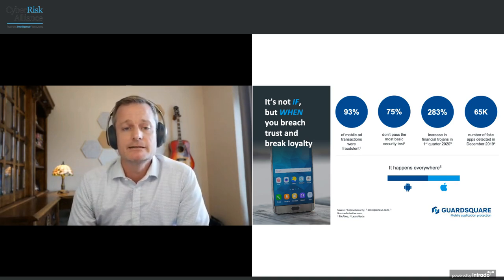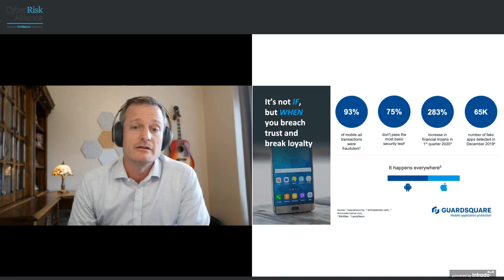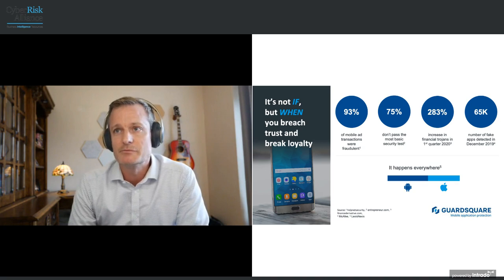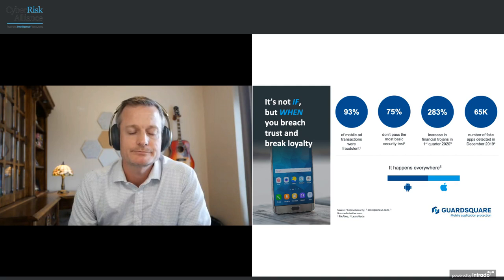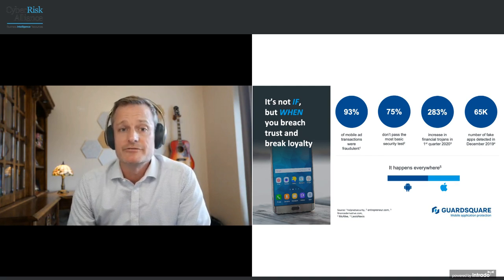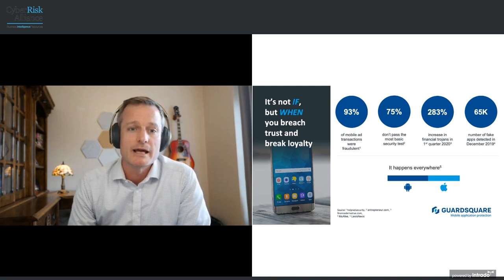Security testing reveals that a lot of mobile applications are still subject to vulnerabilities or don't implement the most basic of security controls. So mobile security testing is still a bit of a nascent area compared to web application security that's maybe more mature from a market perspective. We still see a lot of fake or cloned applications that are popping up all the time.